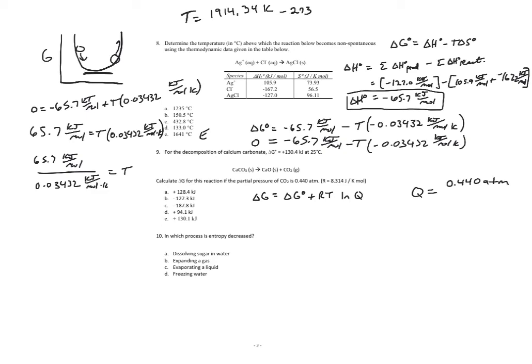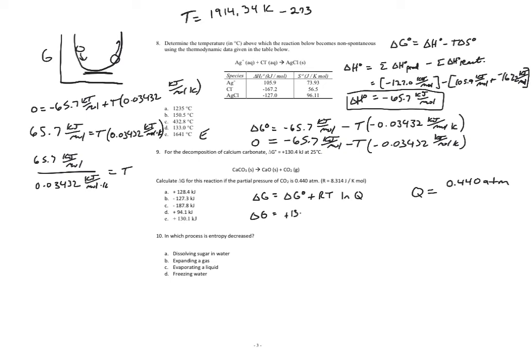We have calcium oxide as another product here, but notice that's in the solid state. So remember, if we are in the solid state, we do not count that in our definition of K or Q. So the calcium oxide doesn't matter. The calcium carbonate doesn't matter. So our Q is really just going to be 0.440 atmosphere. So now we can just go ahead and plug in our numbers.